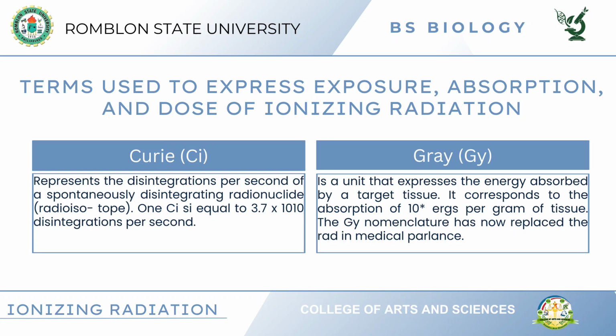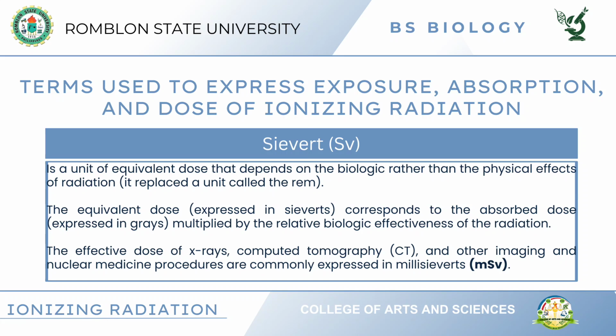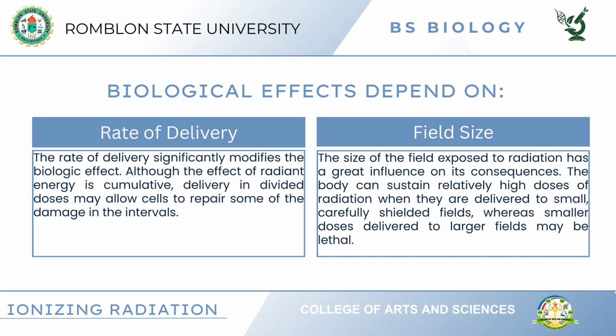While the Gray measures absorbed dose, focusing on how much radiation energy is absorbed by tissue. It is used for radiotherapy and radiation safety. While the Sievert measures equivalent dose and focuses on the biological effect of absorbed radiation. It is used for medical imaging, radiation protection, and public health.